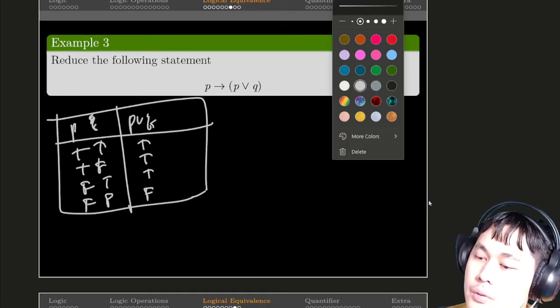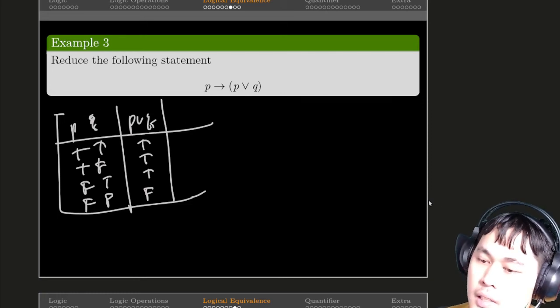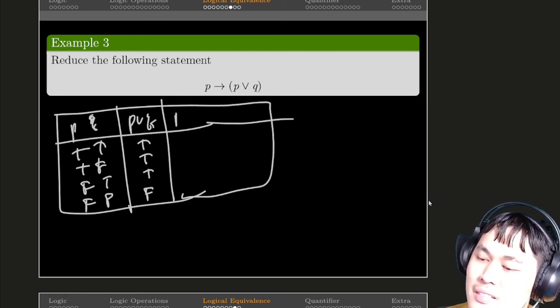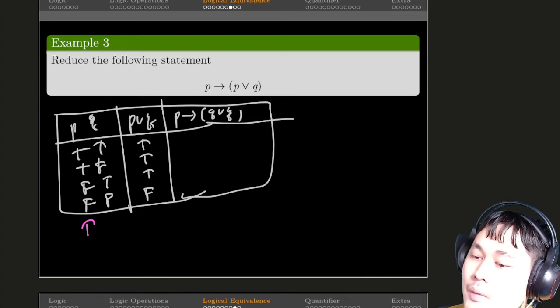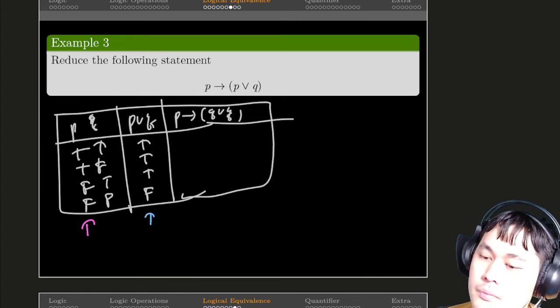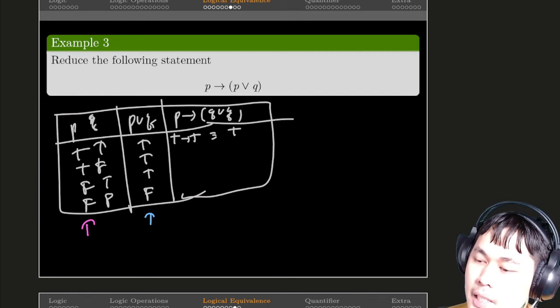And if you combine that with the if-then, you're looking at the first one and the third one. P true then true gives you true, true then true gives you true, false then true gives you true, false then false gives you true.